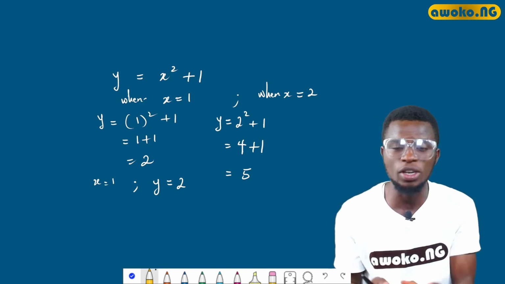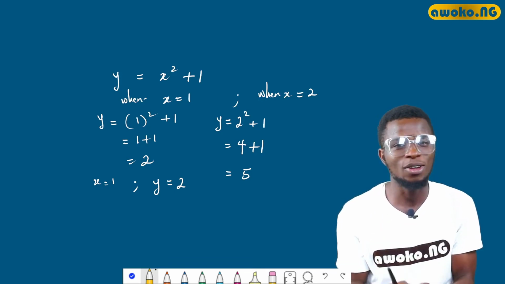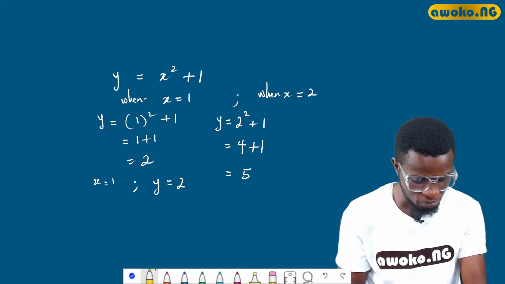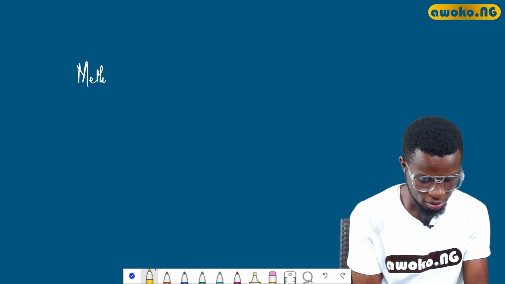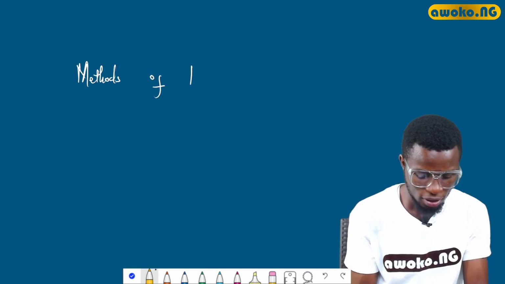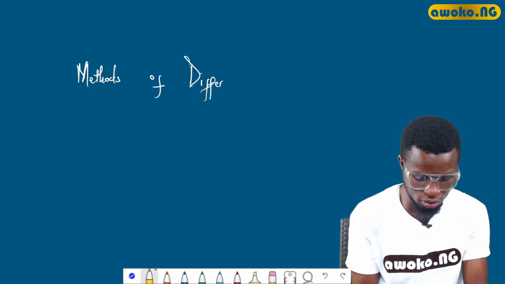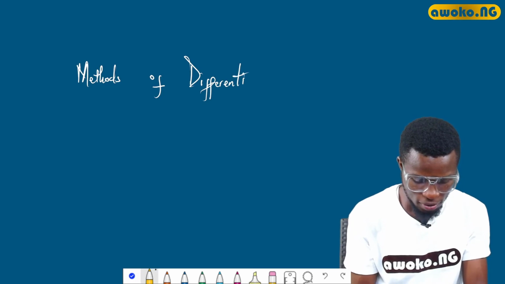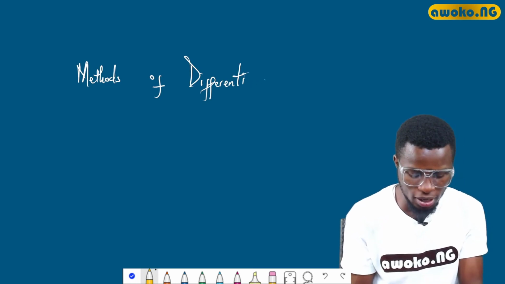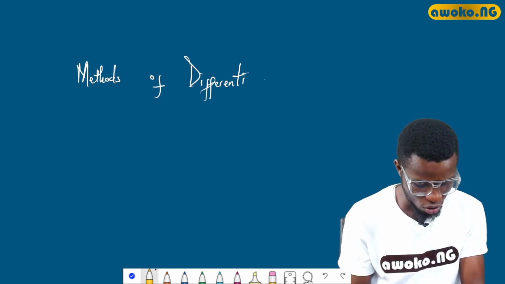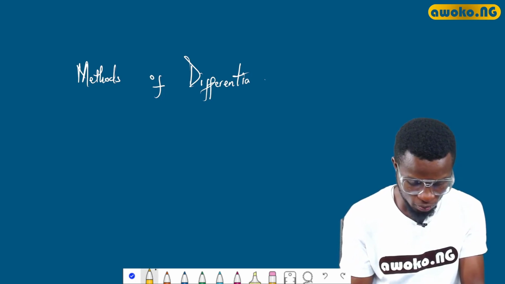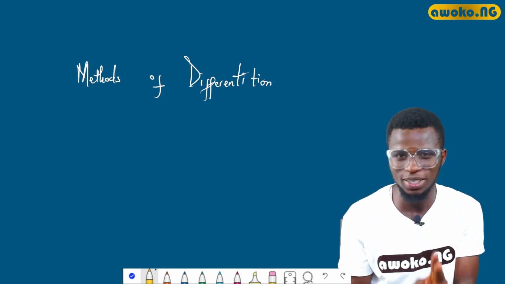With this, we'll go straight to the next concept we are going to discuss, which is the methods of differentiation. Under the methods of differentiation, we are going to consider two basic methods.